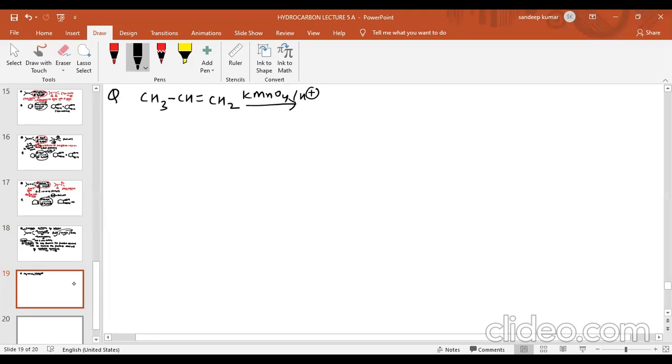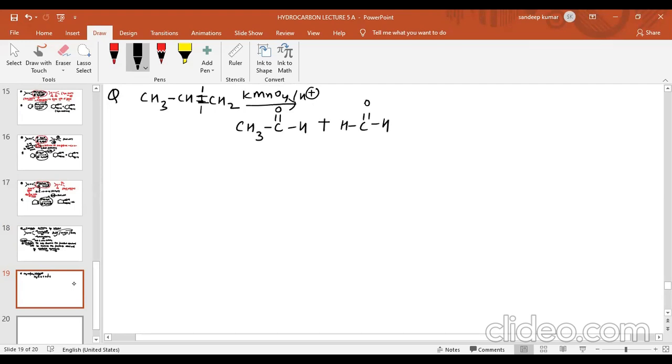As you know oxidative ozonolysis, what we will do? First break this bond. So in the first step, the product obtained is CH3, C double bond O and hydrogen. And another product obtained is H, C double bond O and H.